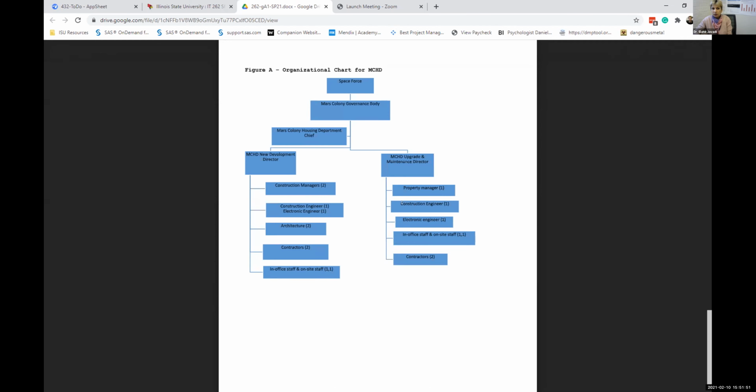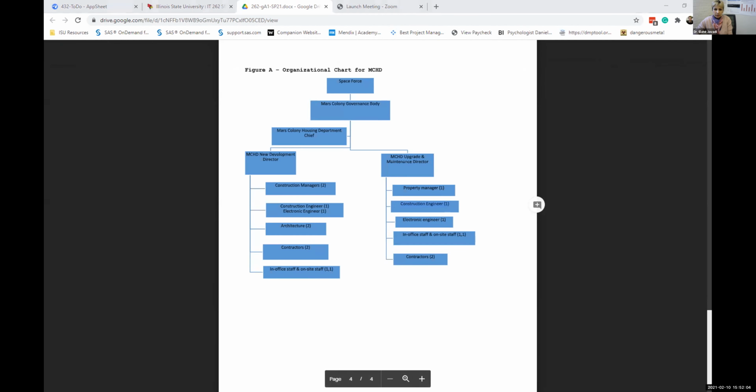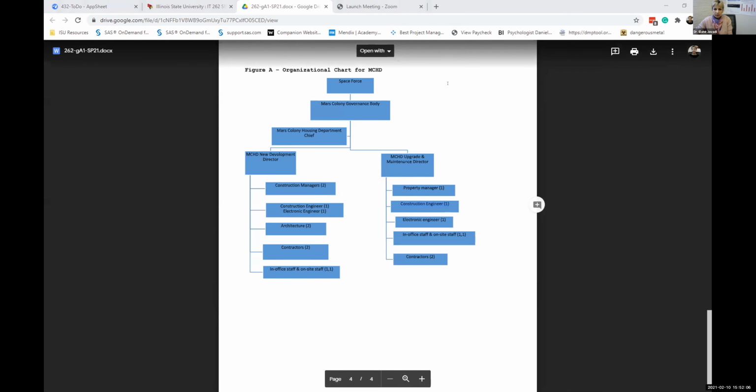Some of you are doing the water and oxygen level. So for you, maybe a construction engineer will be a relevant stakeholder. What happens in that document that I shared with you and asked you to download, let me find that document.